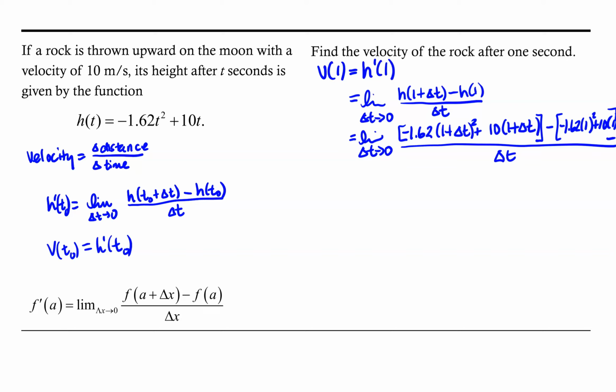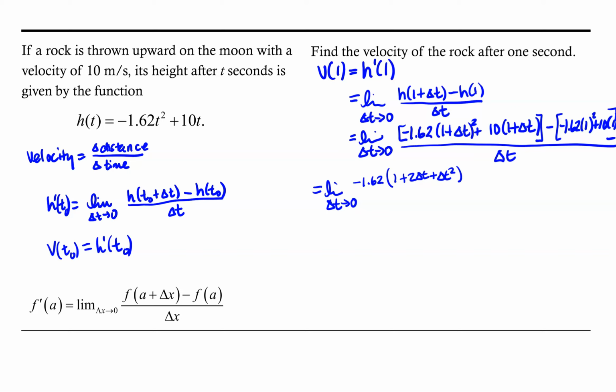Okay, so continuing on, this is equal to the limit as delta t goes to 0. We'll have negative 1.62, squaring 1 plus delta t, we get 1 plus 2 delta t plus delta t squared.